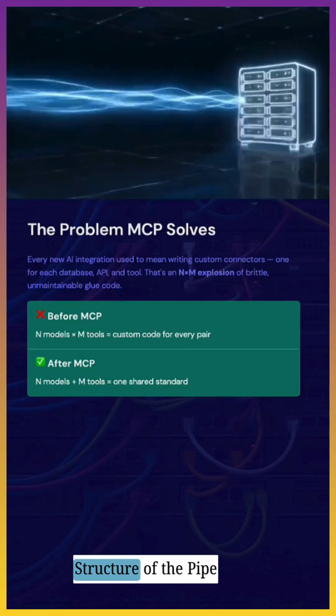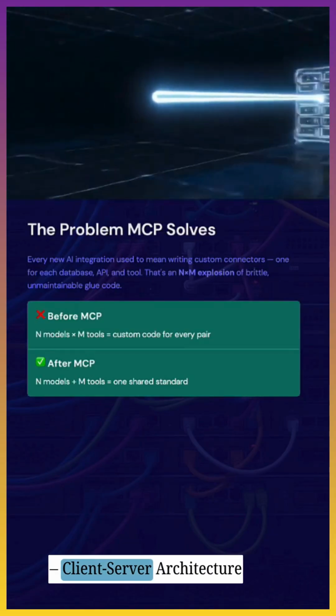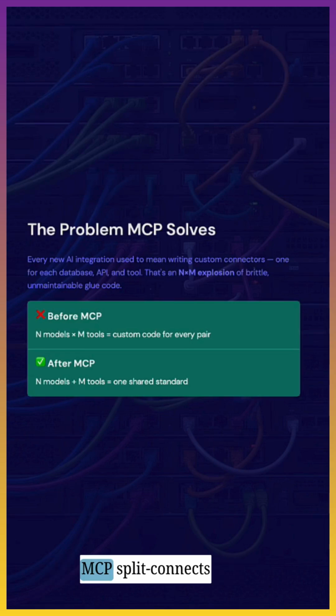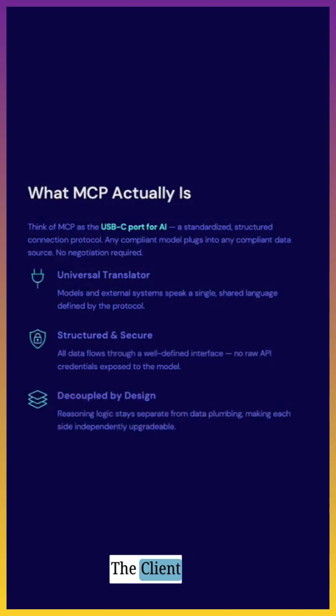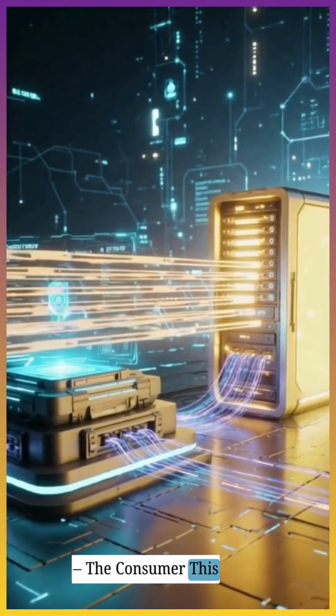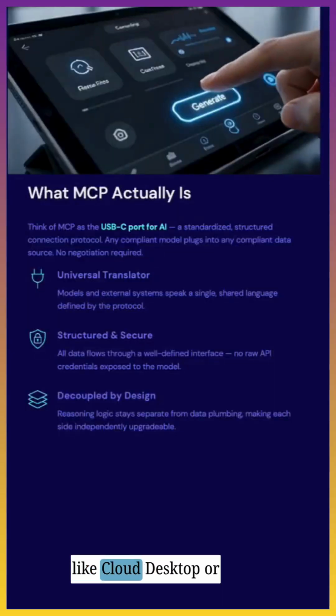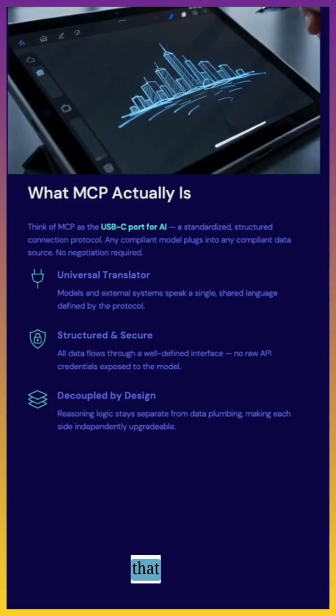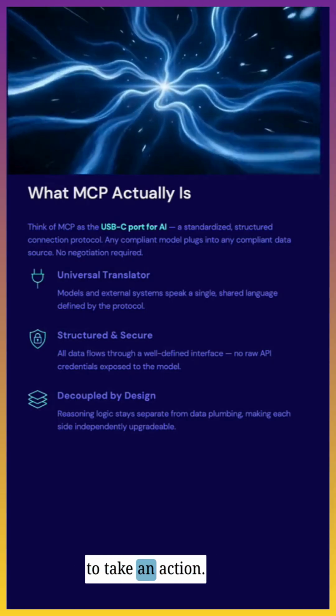1. The structure of the pipe, client-server architecture. MCP connects the AI environment using a clear client-server architecture. The client, the consumer. This is the AI application, agent, or IDE, like Claude Desktop or VS Code, that needs data or needs to take an action.